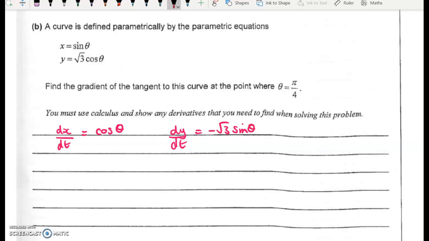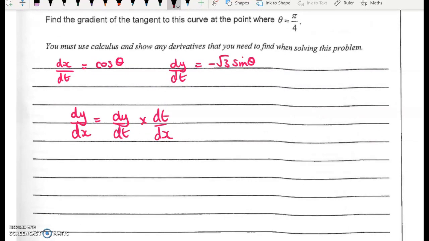And we want to find the gradient when theta is pi by 4. So the gradient dy by dx is dy by dt times dt by dx. So dy by dt was minus root 3 sine theta, and dt by dx is 1 over cos theta. So it's the flip of this thing.